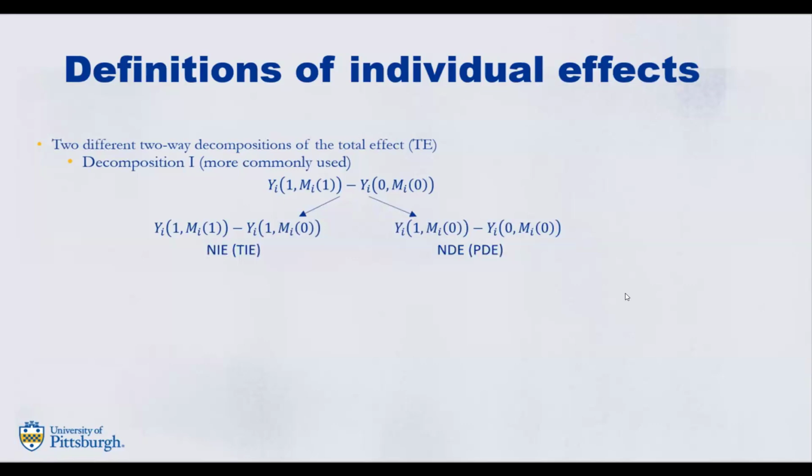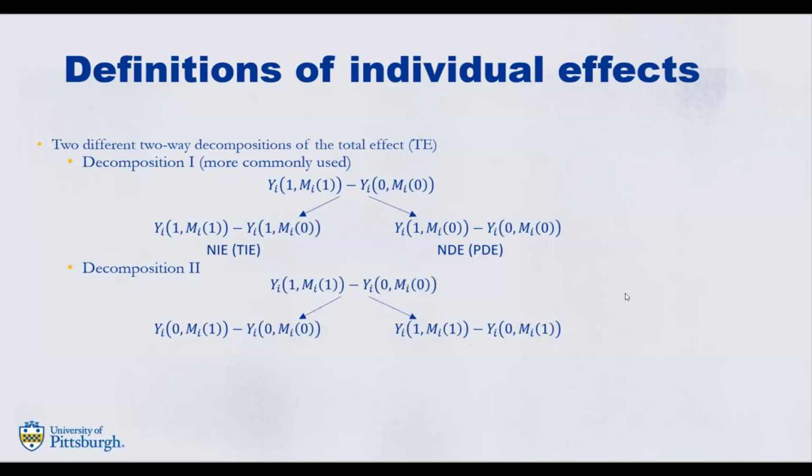And the second decomposition introduces Y0M1 instead. So the total effect can be decomposed into a pure indirect effect and a total direct effect. You may question, what is the relationship between the two decompositions? In fact, the two decompositions are not equivalent in the presence of treatment by mediator interaction.